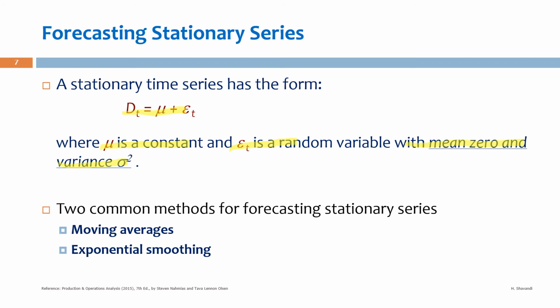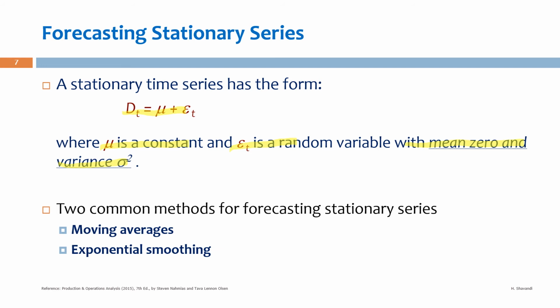If we have a series of data over time, but the mean over time is constant, and if we see fluctuations in the data over time, that's because of the variance. In this case, we call this time series a stationary time series.